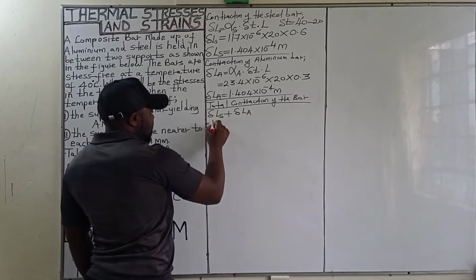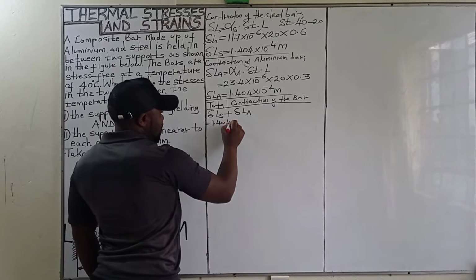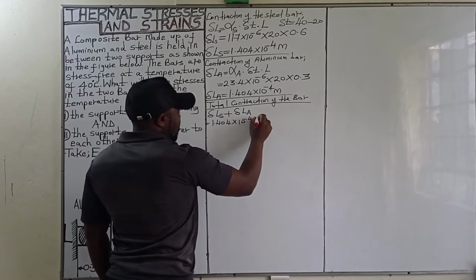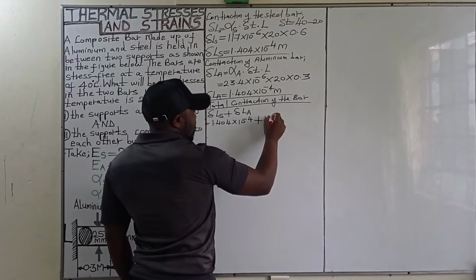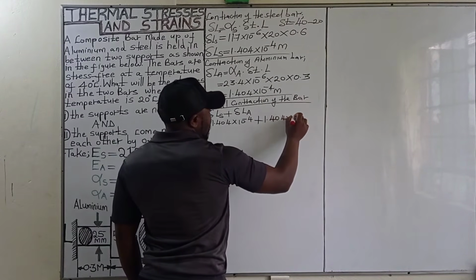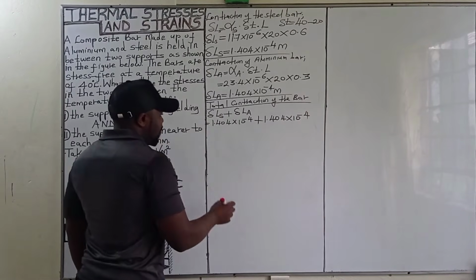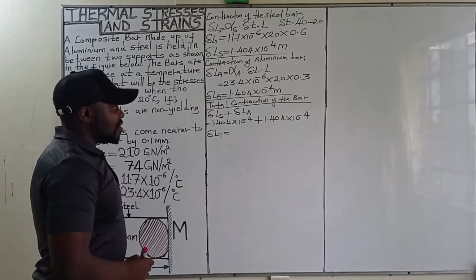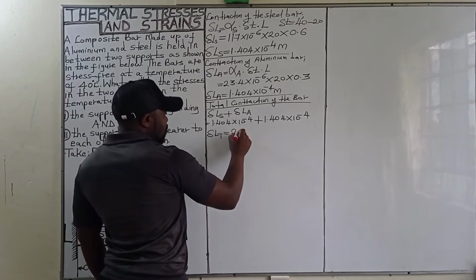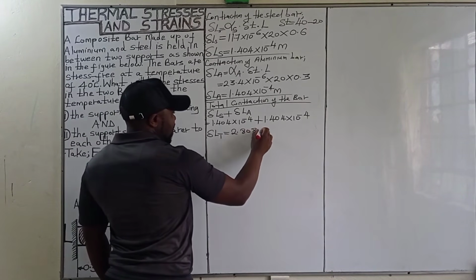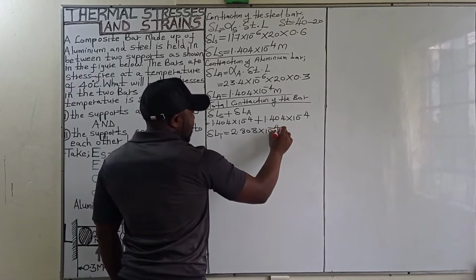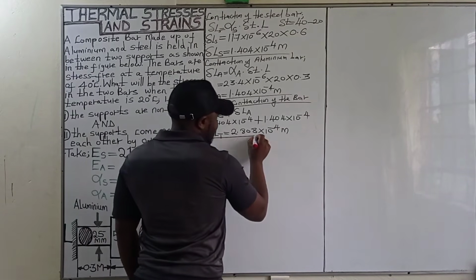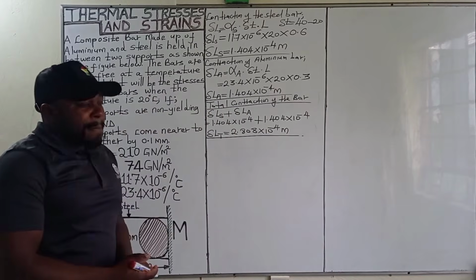So this is going to be 1.404 times 10 raised to the power of negative 4 plus 1.404 times 10 raised to the power of negative 4. And this is going to give us a total contraction of 2.808 times 10 raised to the power of negative 4 meters.